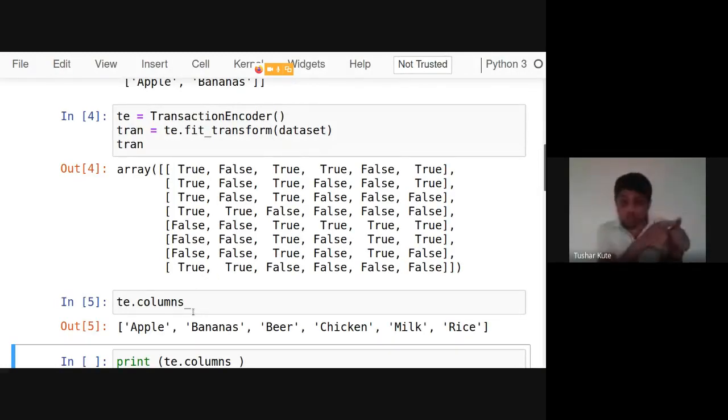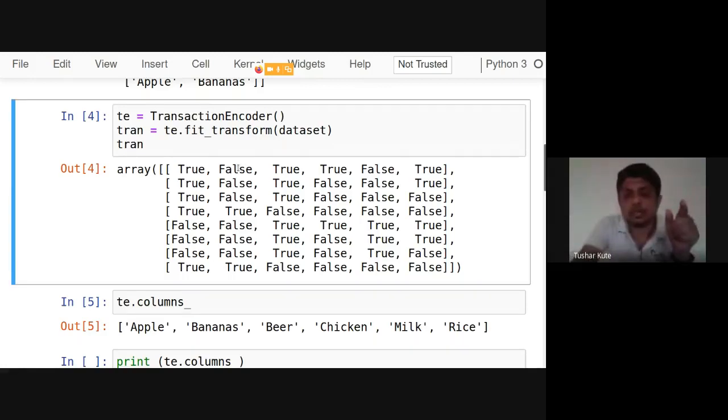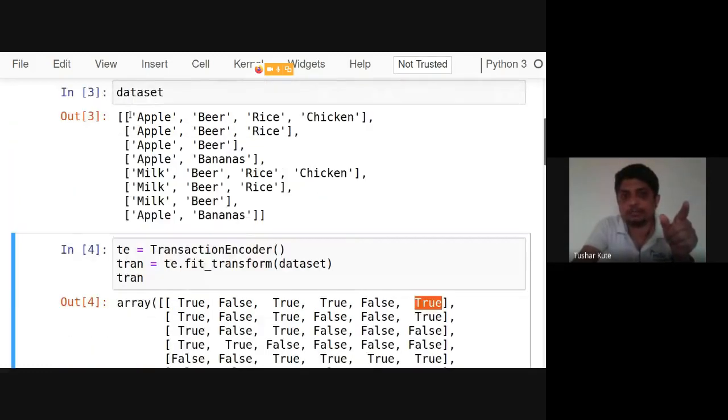You can see the first row is the first transaction. Apple present, banana not present, beer present, chicken present, milk not present, rice present. So bananas and milk are not present in that transaction.